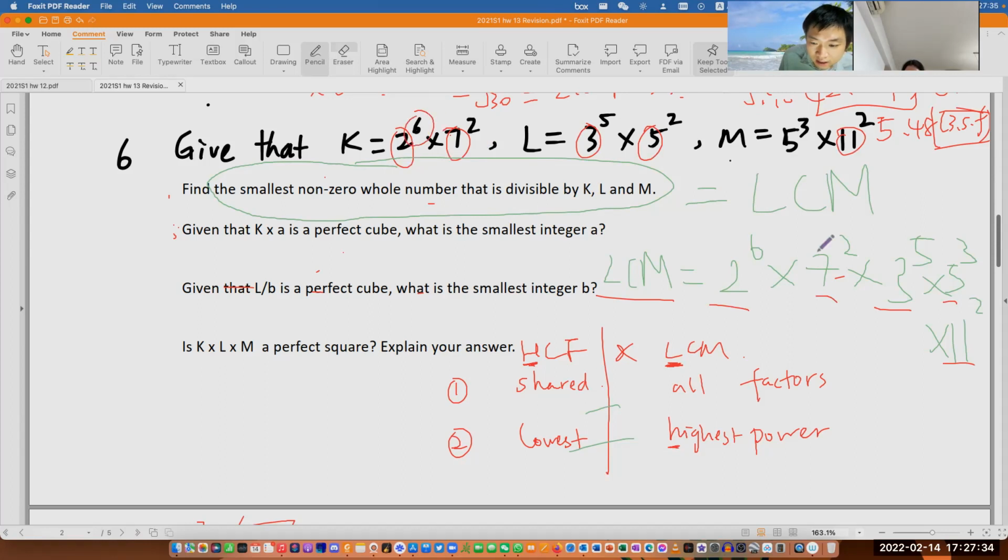So 2 to the 6, good. 7 squared, good. 3, 5. Good. For 5 and 3, you choose 3. Very good. 11. Okay, good. So now, what's the answer? Can you punch your calculator, and what's your answer after multiplying all this together?